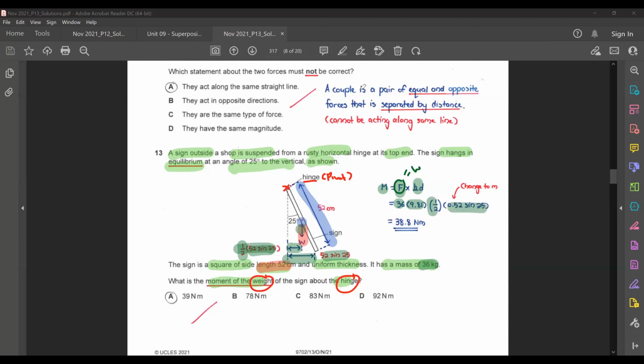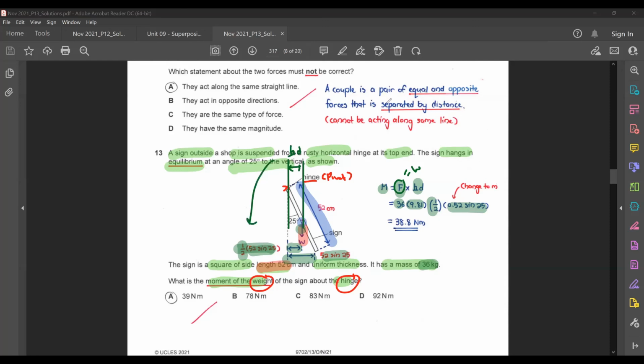My perpendicular distance is going to be this one. If this one is the line of action of my force, and I try to draw a line parallel to it, passing through the pivot, you can clearly see that this one is my perpendicular distance. It's going to be half of 52 sine 25.